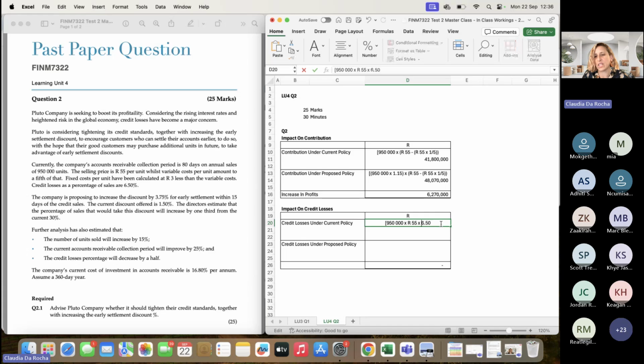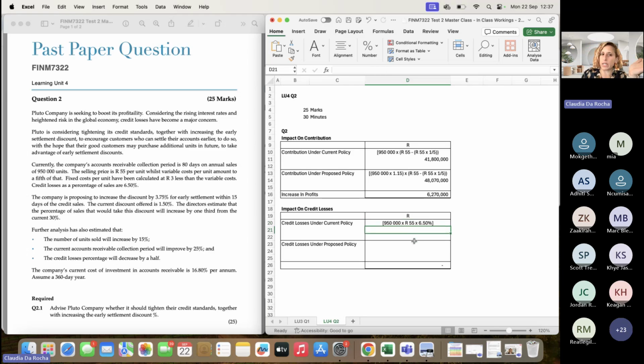6.5%, not 6 rand 50, because that's what they've told us. Also, just to note here, we've made an assumption, because we're not told otherwise, that all units sold are on credit. So please be careful, read the question. If the question says that only 50% of sales are on credit, you would then obviously have to reduce this by 50%.